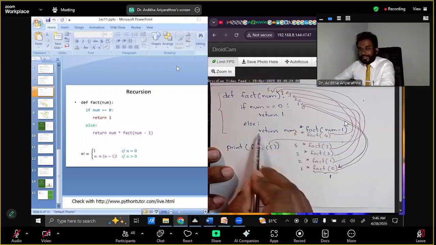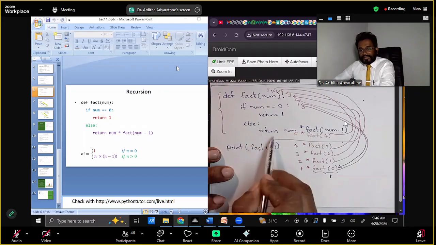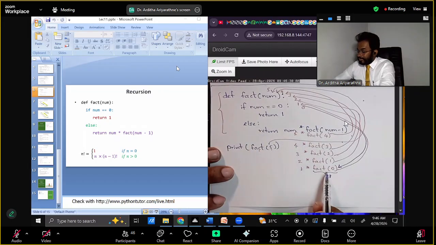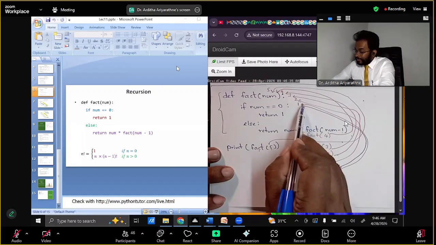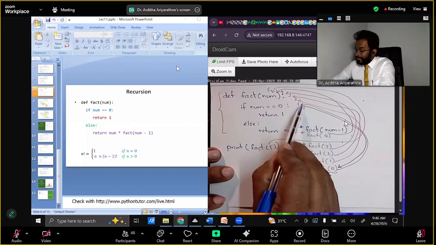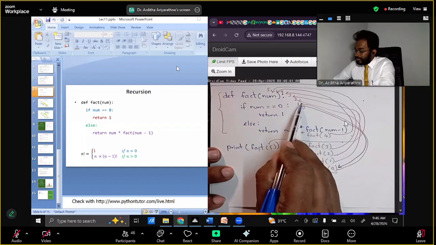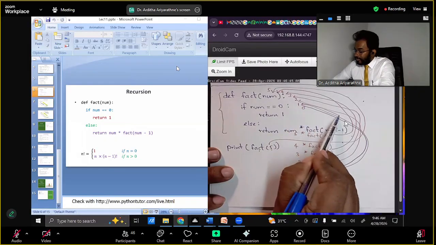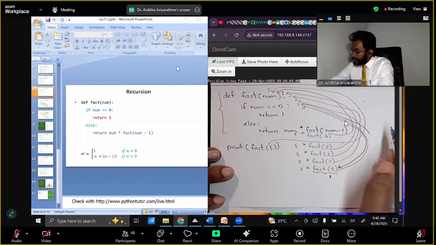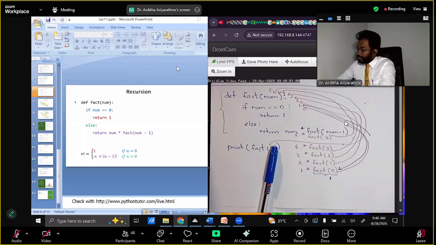Then we have to return. Return means here where we are going to return. We are going to return in this line. Here we already returned this one and the previous one. Here this one we have to return. Here, through this one I am coming. Here, through the line I got a different one.